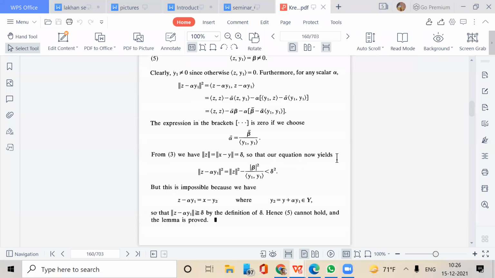So that we have now norm of z minus alpha into y1 square is equal to norm of z square minus mod of beta square upon inner product y1 comma y1 less than delta square.